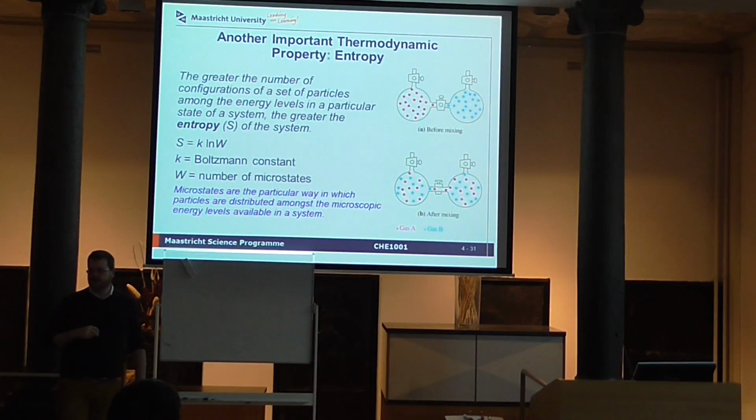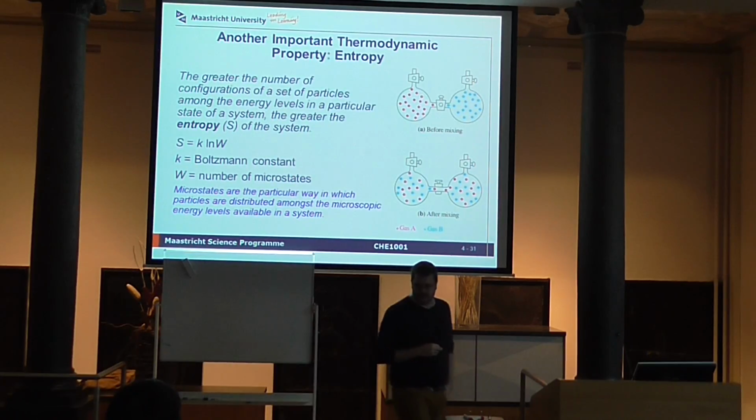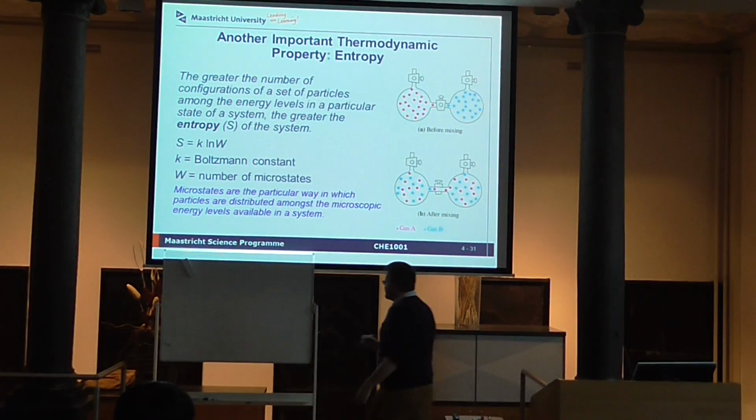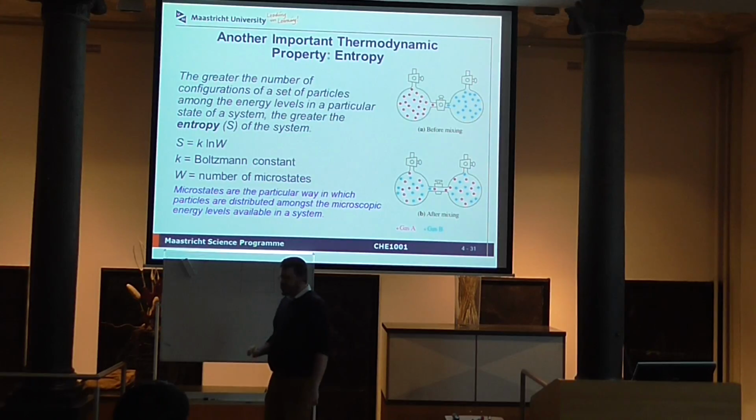Now, to understand microstates, it's kind of like this. If you have 3 books, and you want to put them into a bookshelf which has 3 places you can put them, how many ways can you arrange those 3 books? There's the bookshelf, right? You can put all 3 books on top. You can put all 3 books on the second shelf, and you can put all 3 on the third.